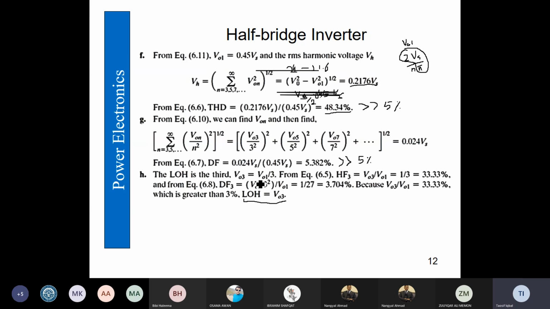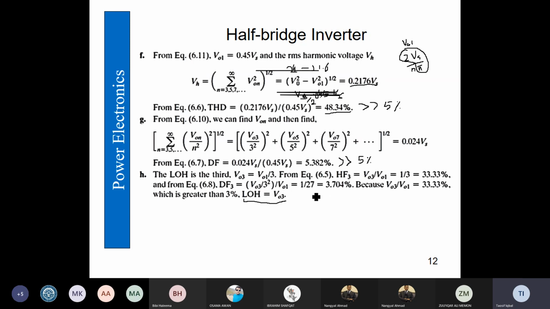The third harmonic we can find out by VO1 divided by 3, because the only difference between the voltages is the harmonic number, and therefore the harmonic factor is going to be 1/3, which is 33.3%. And if we find out the distortion factor, that is 3.704%.